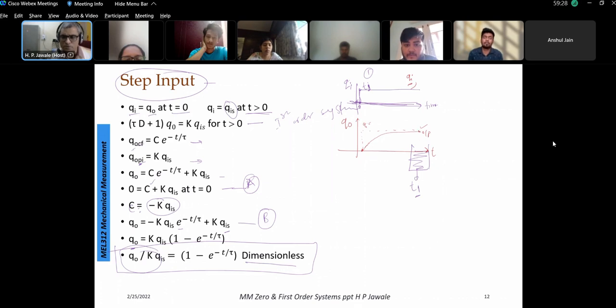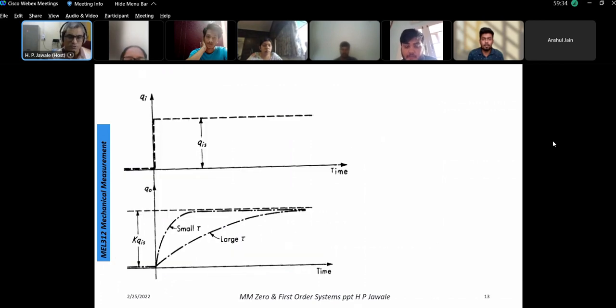So the response of the system to the step input will be something of this nature that is shown in here. This will be KQIS. This is the output quantity now.